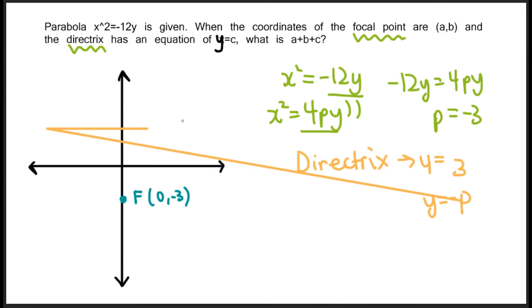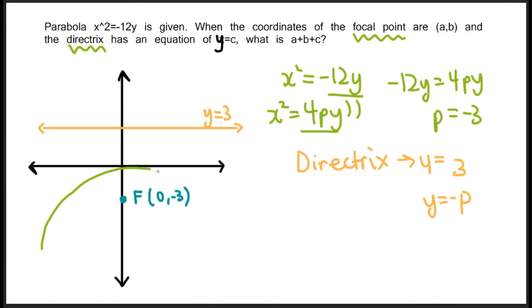Let's just draw this over here, like so. Y equals 3. And from this we can know that because the parabola always envelops the focal point, the graph would look like this.